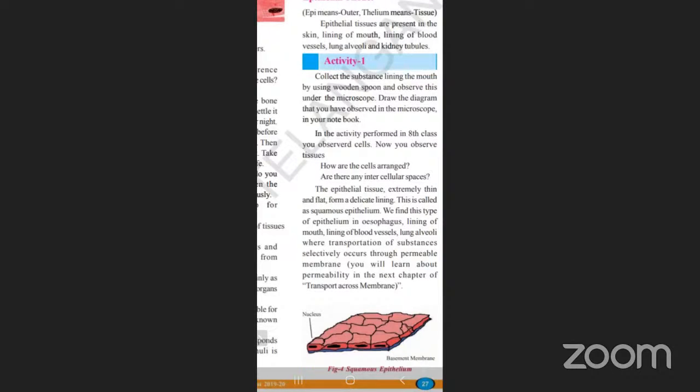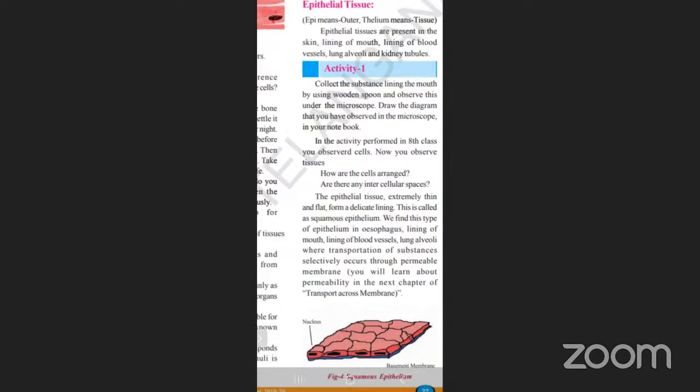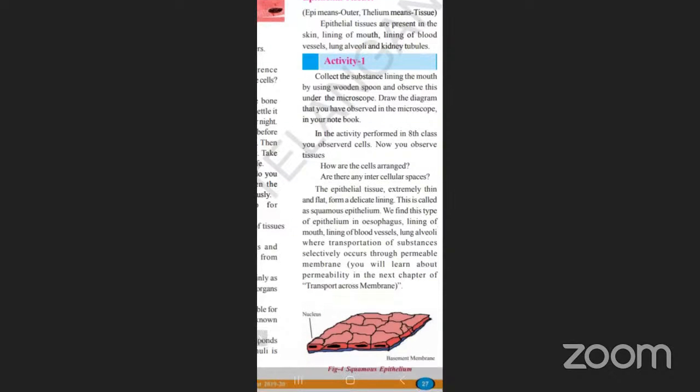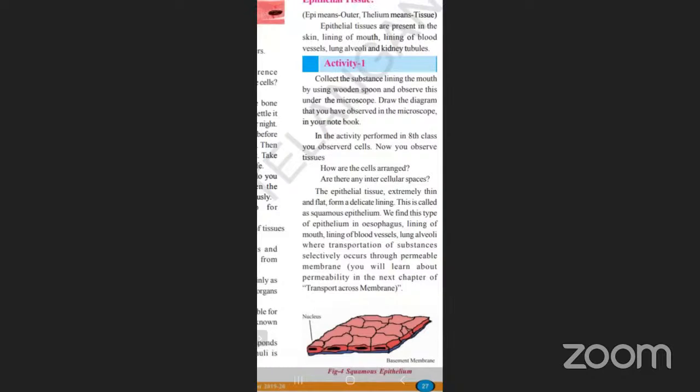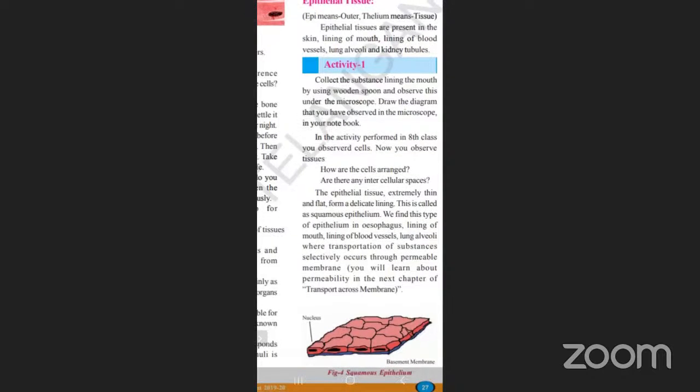Then take it under the microscope and observe. While scraping you should not use iron or any other things, because a wooden spoon is a very good thing for collecting that material, because we have to be safe.